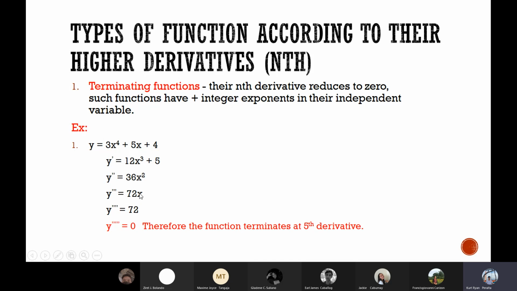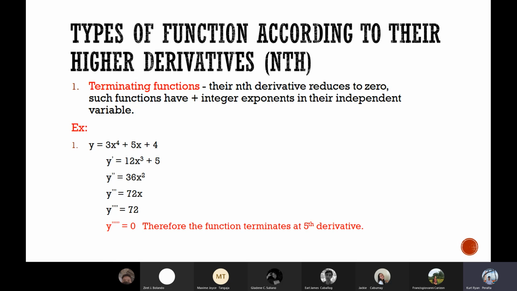So we will get the third derivative again. So using still the power rule, which is distribute this exponent to the coefficient. So 2 times 36 is equals to 72. Then subtract 1. So 72x. So that's the third derivative of this function. And next is the fourth derivative of the function.